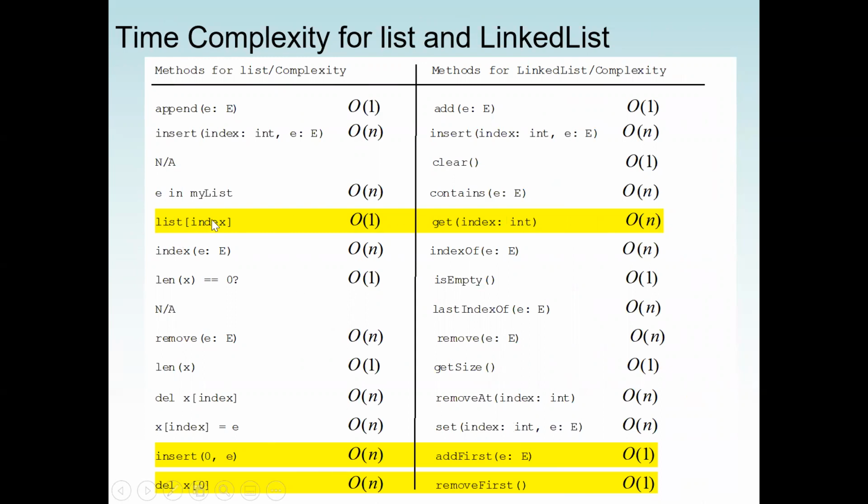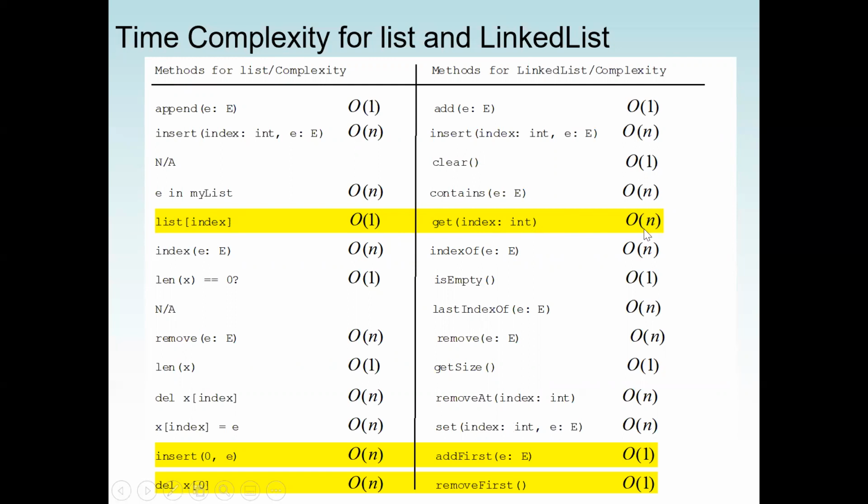For example, to check for an index, list is quicker because in an array we can just specify index 2, index 3. So it's only one comparison, one task. But for a linked list, we have to do the get index, so it depends on the size of the linked list.